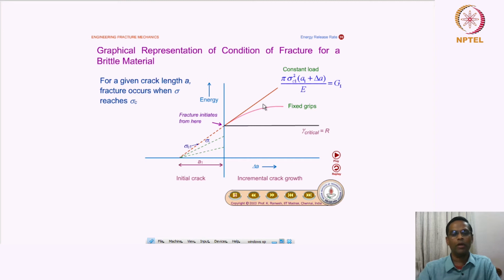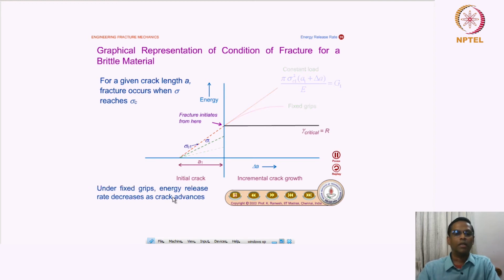Another important point to keep in mind is that as the crack length grows, the energy available for the crack to move increases significantly. That will propel the crack growth, so the crack growth velocity will increase significantly as it grows.